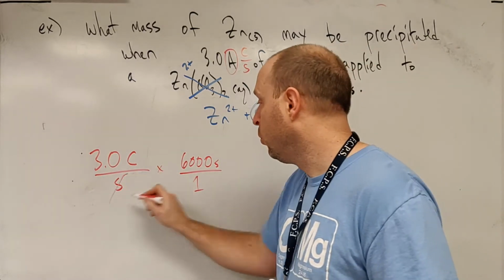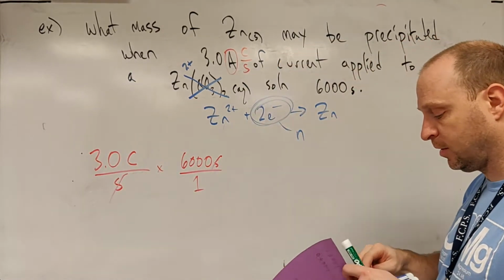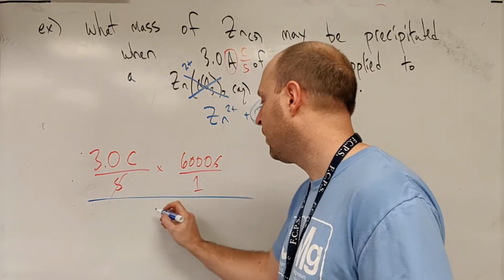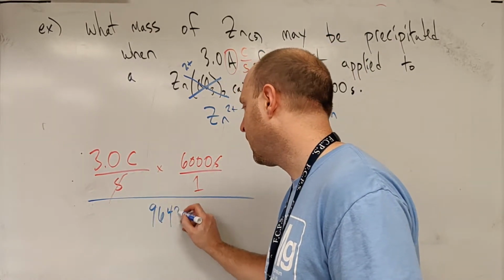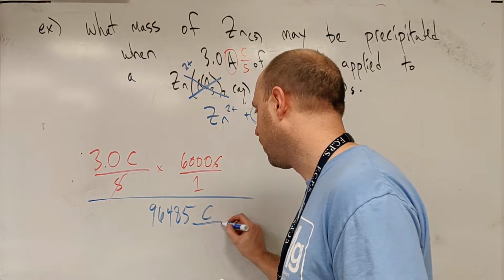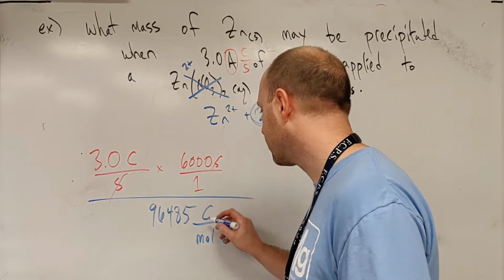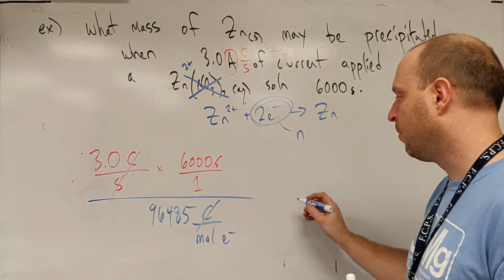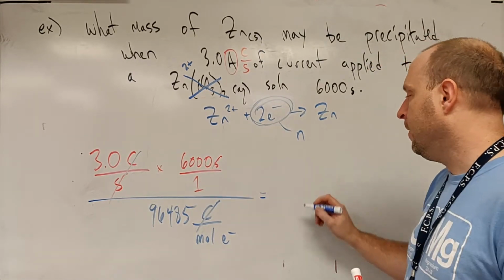We currently have coulombs, and we can take this resulting number and divide by Faraday's constant. So if I divide by 96,485 coulombs per mole of electrons, the coulombs are going to cancel, and we're going to end up with some number of moles of electrons.